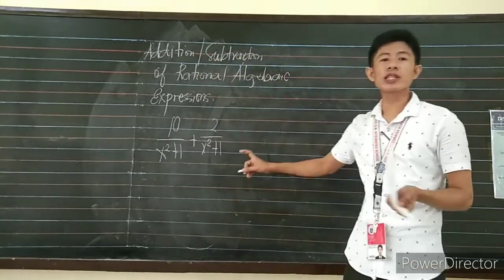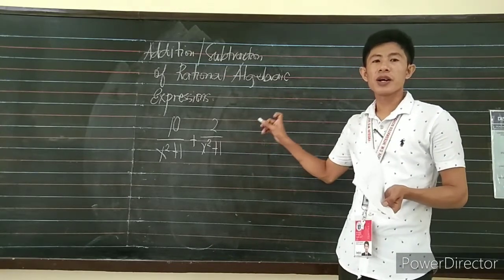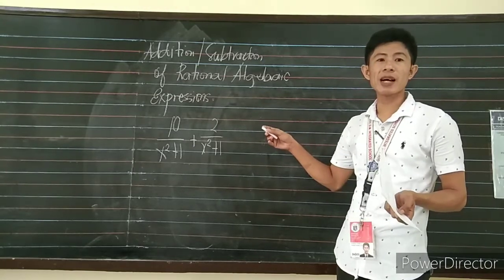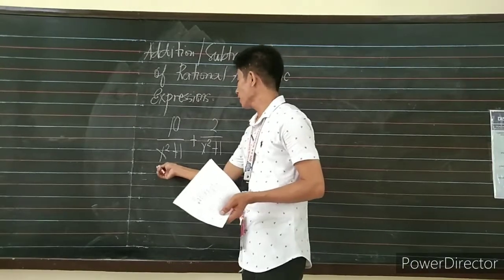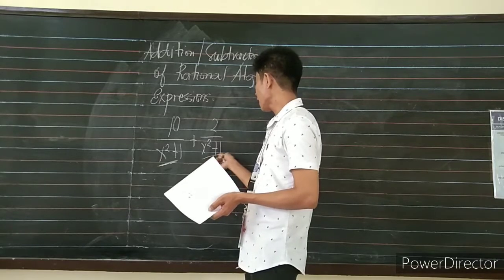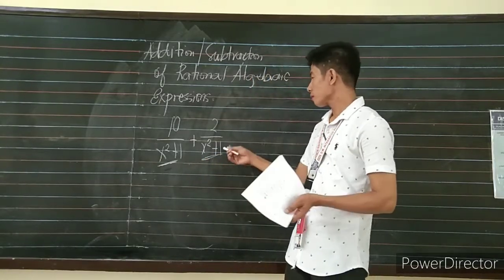In addition or subtraction of rational algebraic expression, first thing to do is to observe the denominators of the two fractions. This time, the denominator is x squared plus 1 and the other denominator is x squared plus 1.